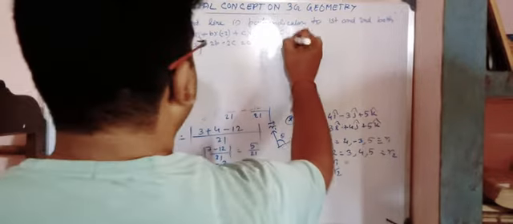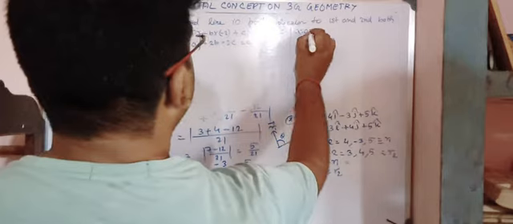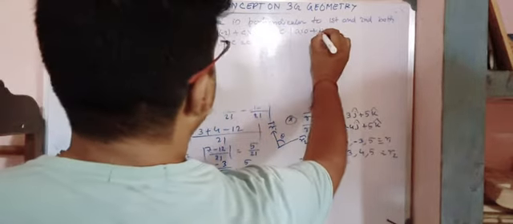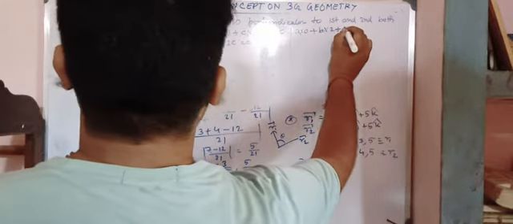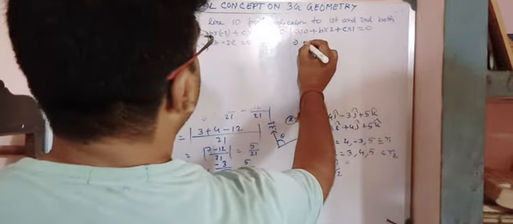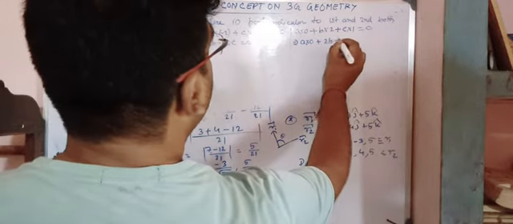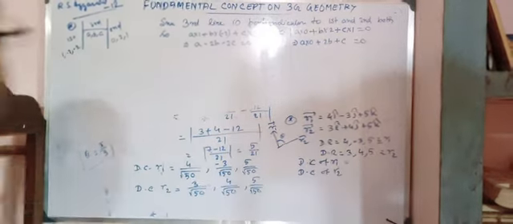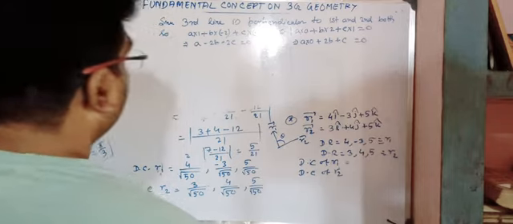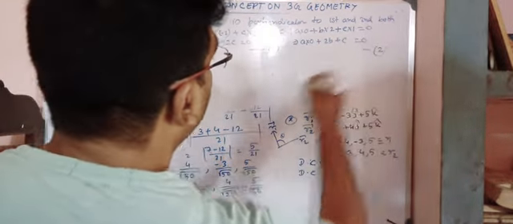And also a into 0 plus b into 2 plus c into 1 should be 0. That is a into 0 plus 2b plus c equals 0. So this is my equation number 1 and this is equation number 2.